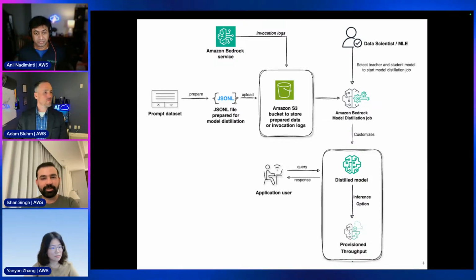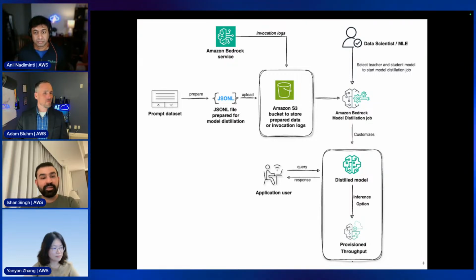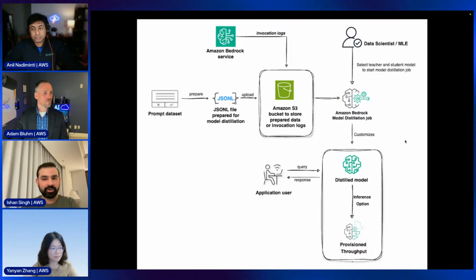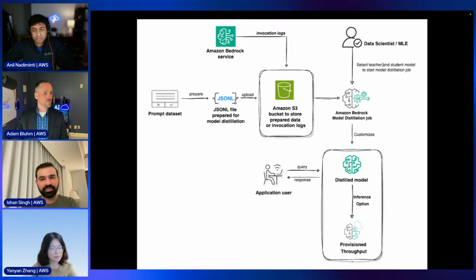Before we get into how to set up distillation, I want to cover what the process of distillation looks like. There are really three main steps in how you distill a model. The very first step, towards the upper right-hand corner, is where your data scientists and machine learning engineers evaluate a teacher model and a student model.